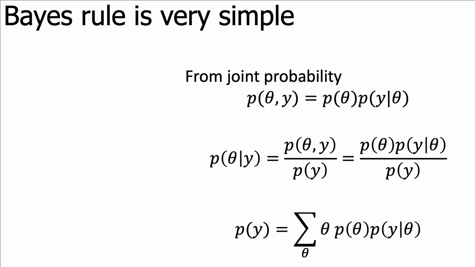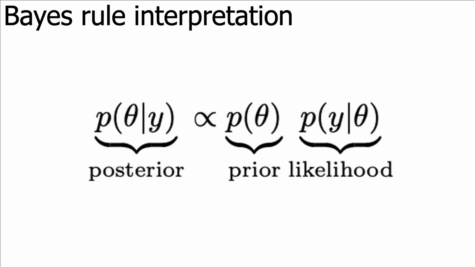That is why, in practice, we will often use the symbol of proportionality here, and we'll focus on the numerator of the entire computation. This symbol means that the denominator is not dependent on theta. So because it's not dependent on theta, we can assume it's only some kind of constant that is irrelevant to the value of theta. It's only important for y. Why? Because we summed all theta out of the computation.